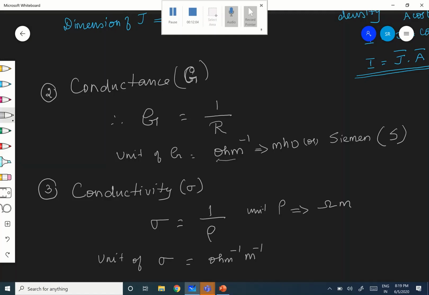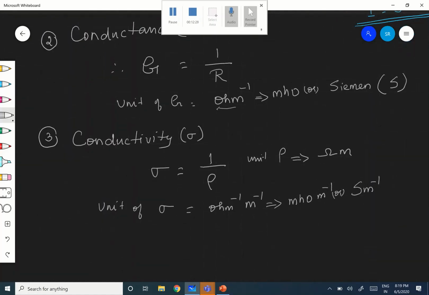It can also be mho per meter, or Siemen per meter, that is S m power minus 1. Now, what is the dimension of electrical conductivity?